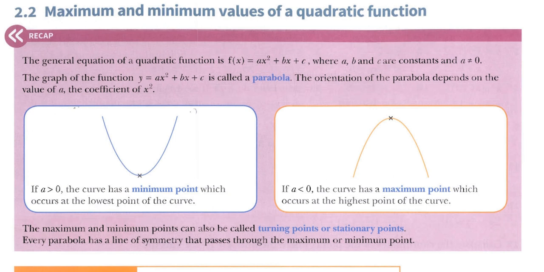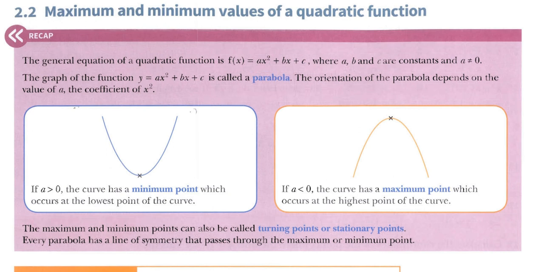You can see in blue color, the word parabola. The orientation of the parabola depends on the value of a, the coefficient of x square. What does it mean if the coefficient of x square is positive, that is greater than 0? You can see the blue curve on the screen.